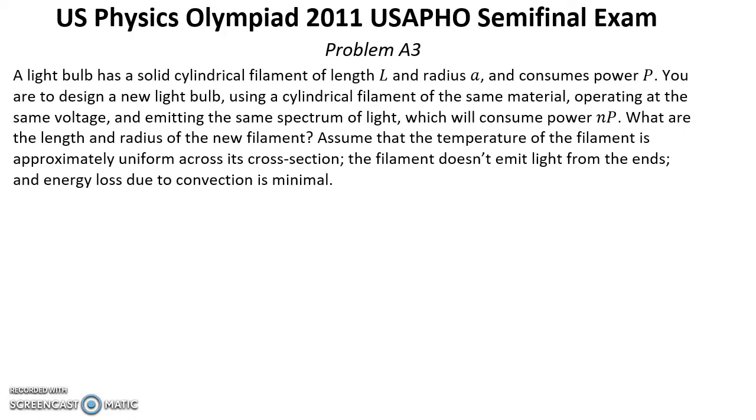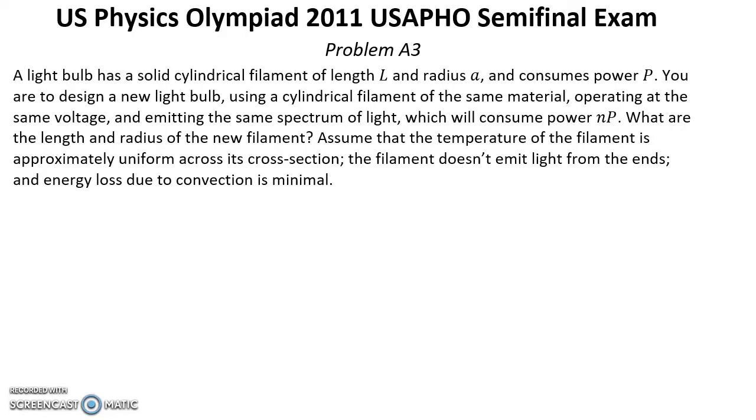A light bulb has a solid cylindrical filament of length L and radius a and consumes power P. You are to design a new light bulb using a cylindrical filament of the same material operating at the same voltage but emitting the same spectrum of light, which will consume a power NP.